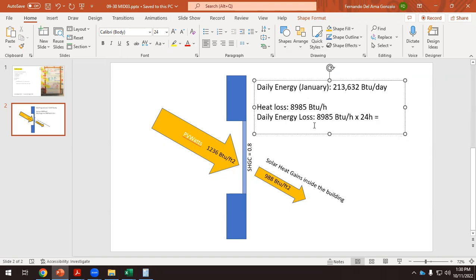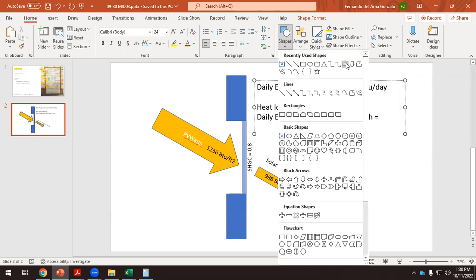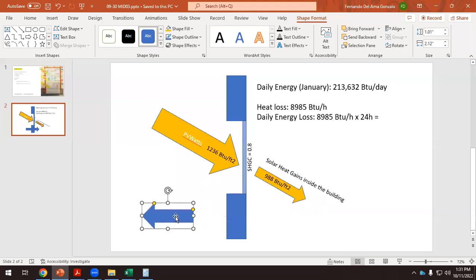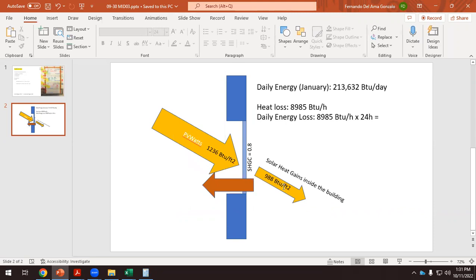So now what's the daily energy loss through this window? Because there is another arrow here. So we have an arrow that is going outwards. And this is a red arrow. Okay, so we have energy gains due to the sun, but we have energy losses due to the window.